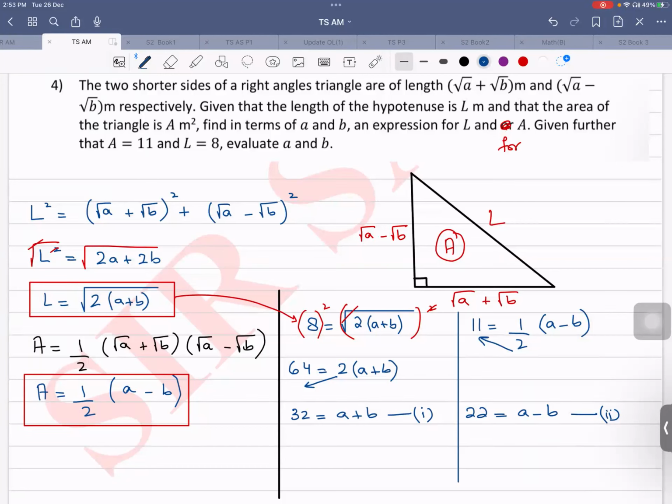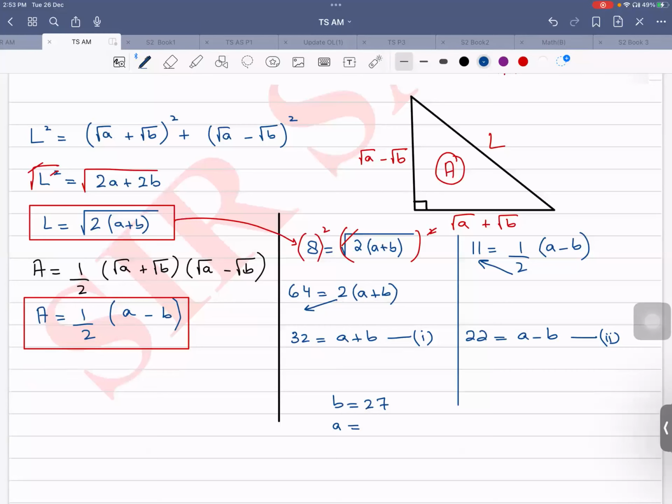27. 27 is the value of A or B? Value of B. A is 5.